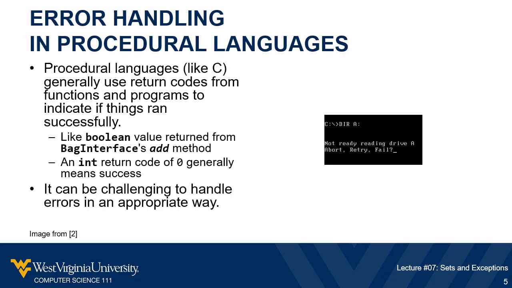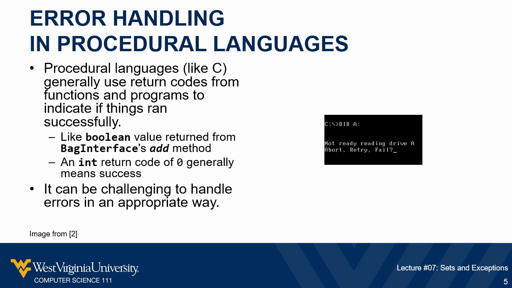In terms of handling errors that do come up while our programs are running, the approaches that you can see used tend to vary depending on what language you're dealing with. Older procedural languages like C don't normally have great approaches for dealing with errors. If problems show up, sometimes it's hard to deal with them in an appropriate manner.